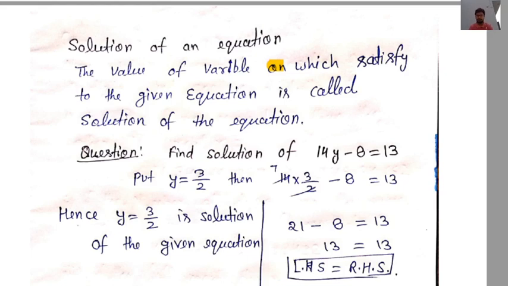I will tell you a little later how I chose y equals to 3 by 2. Don't need to panic, I have just explained what a solution is. The y value 3 by 2 satisfies the given equation, so we simply say that y equals to 3 by 2 is the solution of the equation.